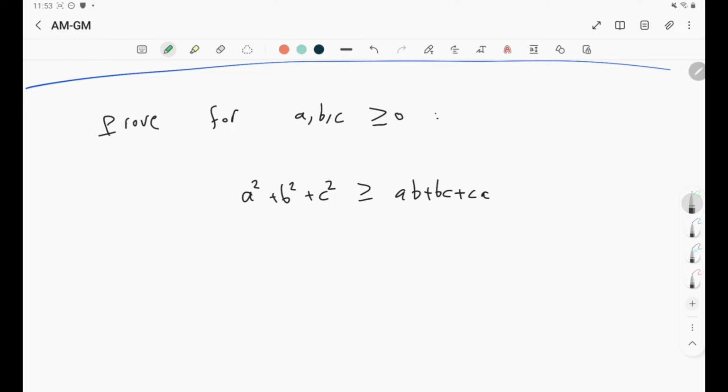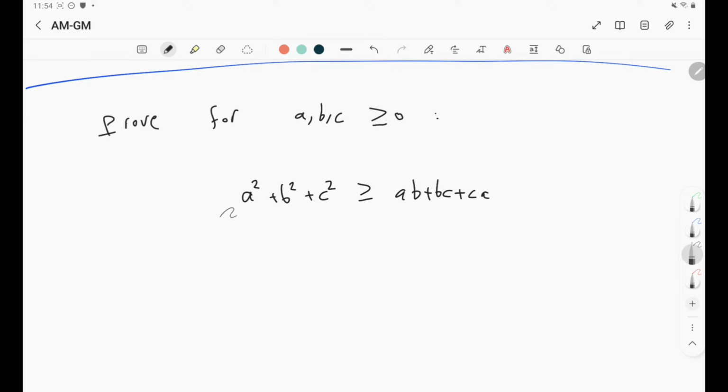So for example, let's say we have three numbers: a square plus b square plus c square, and on the right hand side we have ab plus bc plus ca. Do we each time have to write a square plus b square plus c square and here ab plus bc plus ca? Actually, no. You can use just the sum notation.